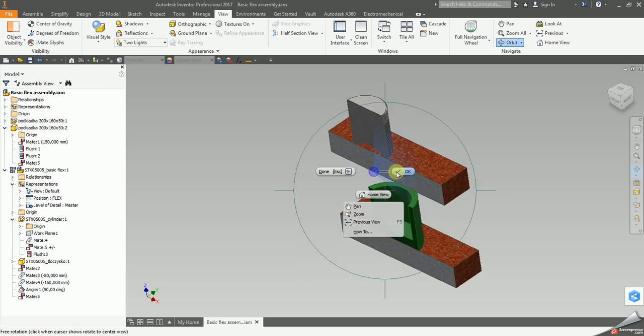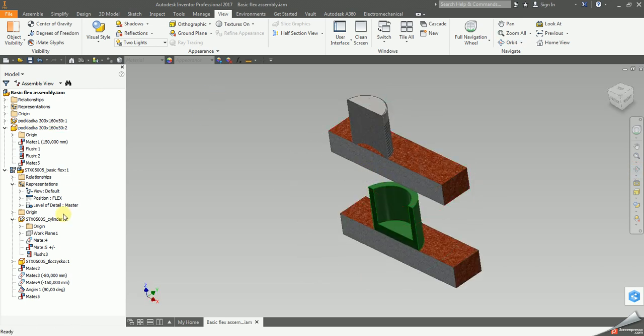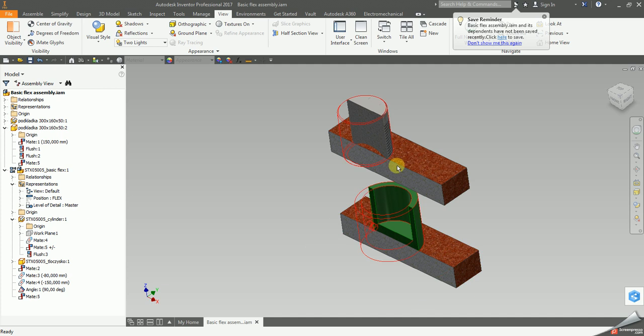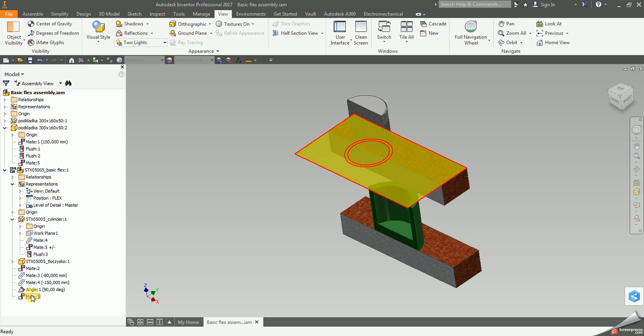As I have proven, Inventor solves the assembly badly when I try to apply the constraint mate 5 in this case, that forces the flexible assembly to break its internal constraints to meet the top level assembly constraint.